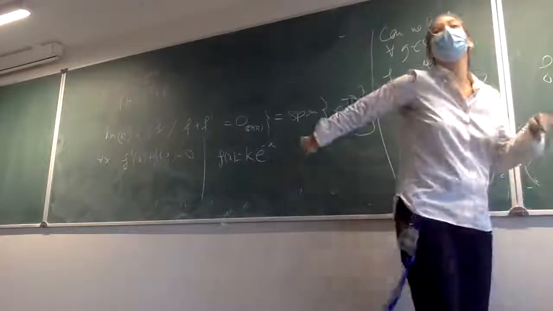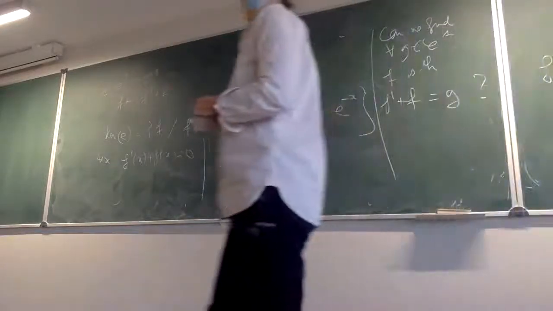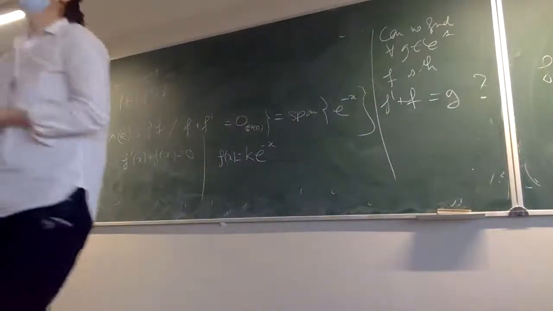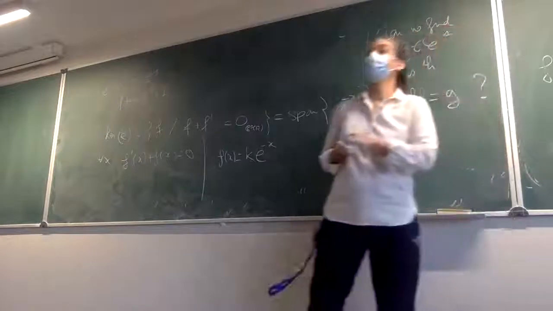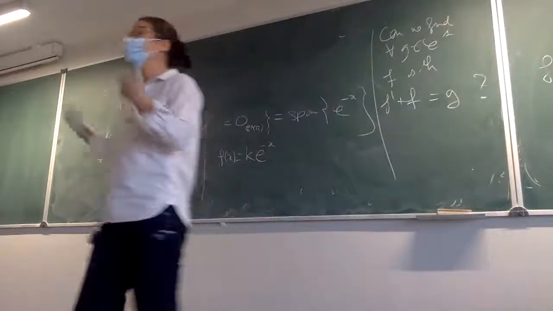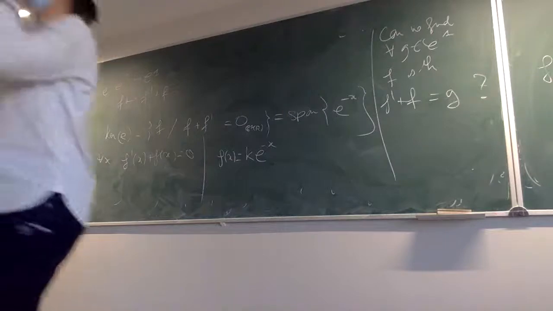If I say, can you solve f prime plus f equal to 0, you've just done that, you get this exponential. f prime plus f is equal to a constant. Come on, guys. f prime plus f is equal to x, x to whatever. You know how to solve that.